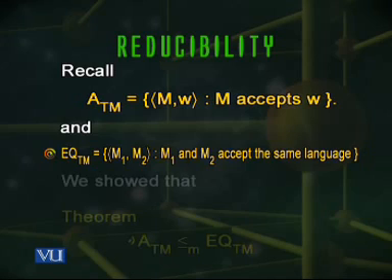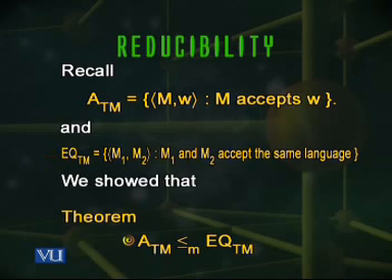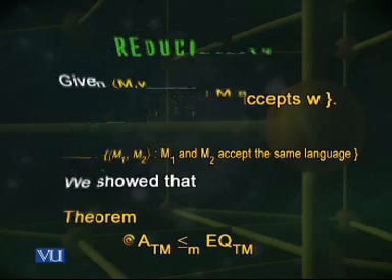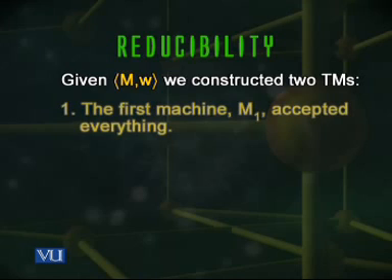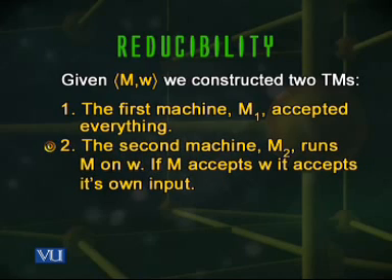We showed that ATM is mapping reducible to EQTM. We did this simply by taking M, W, where M is a machine and W is a string, and constructing two machines. The first machine accepted everything. The second machine, M2, ignores its own input.